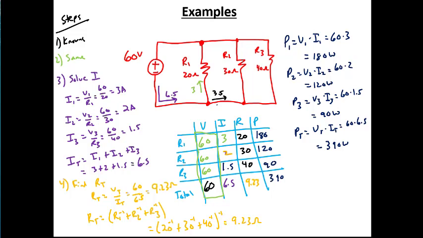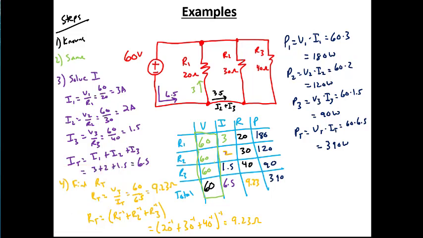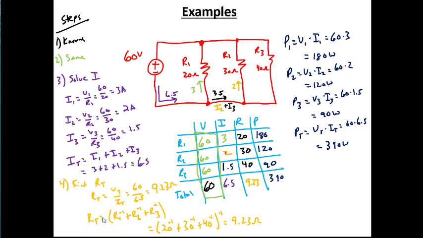This is actually going to be I2 plus I3. Then when we get to the next node, we're going to have I2, which is here, which I'm going to draw in orange, which is going to be 2, and then we'll have I3, which goes this way, which is 1.5.